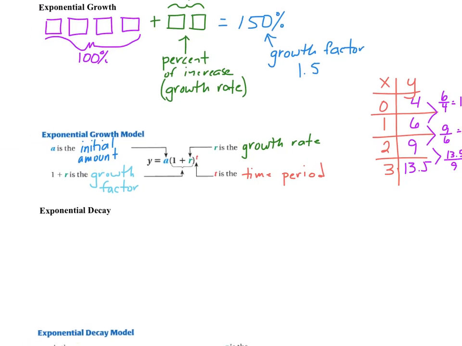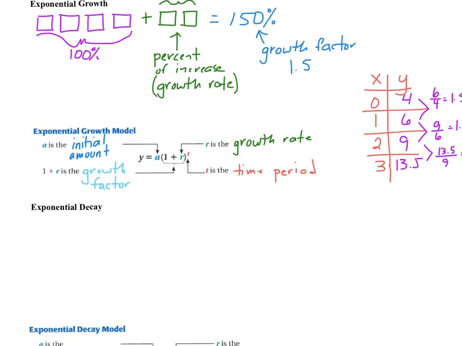So that multiplying by 1.5, if I was to write an equation for what I just did using this model, I would have y equals 4 was my starting amount. So I'll do that in blue. So that was my 0 there. And then 1 plus the rate that I had.